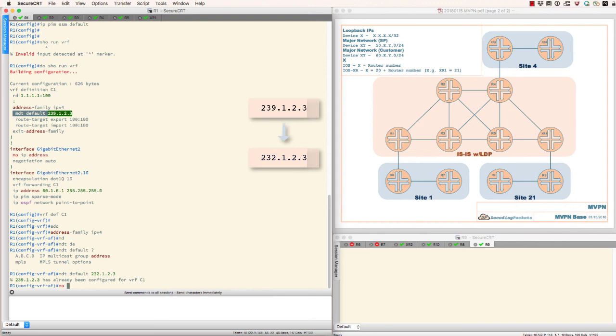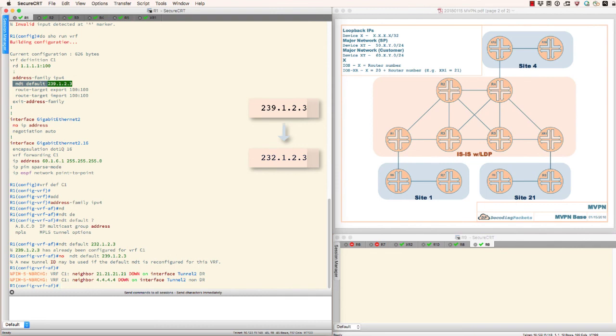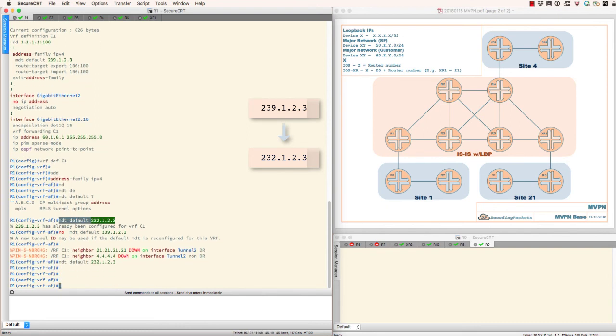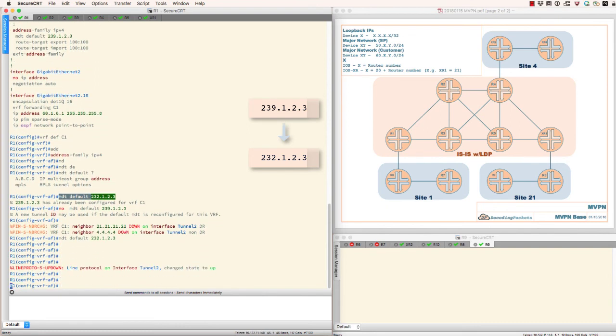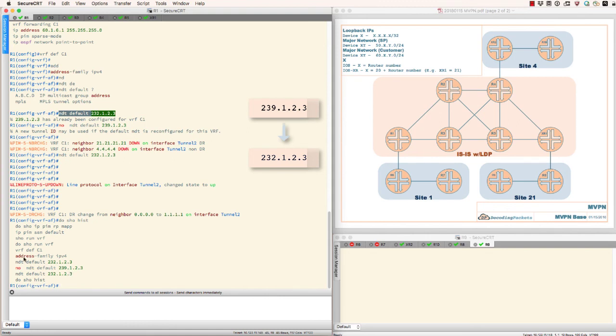And I would have to deconfigure this earlier MDT. So a new tunnel ID, that's okay. So that I'm not too worried about. I'll take this MDT default and put this back in here. I'm going to quickly configure this on R4 as well. And I'll copy the history from here, and it will be all of these commands that have to go on R4 as well.